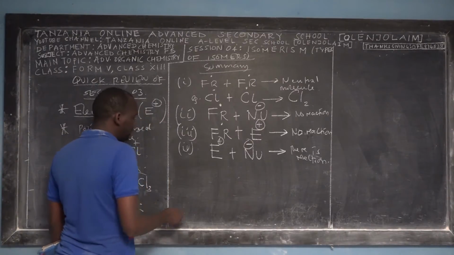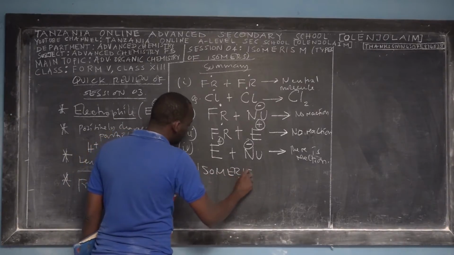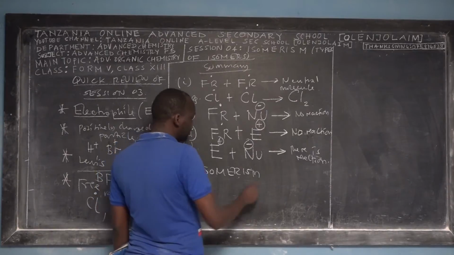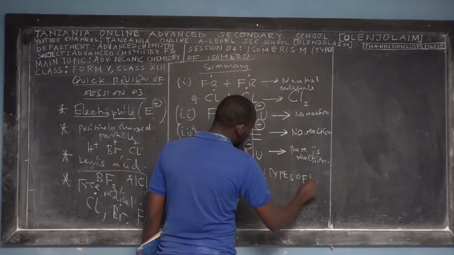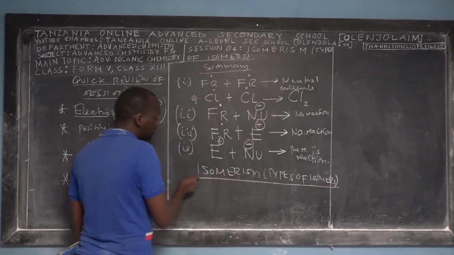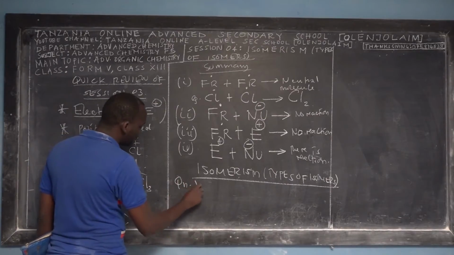So now, let me take you into the interesting point of the day, which is called isomerism. Isomerism, or types of isomers. And we have our fundamental questions which are common for us.